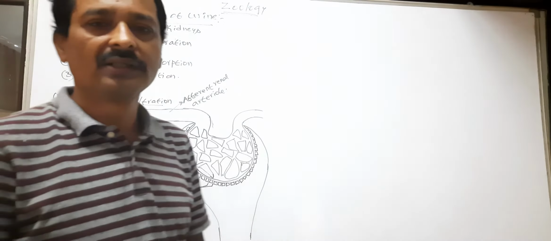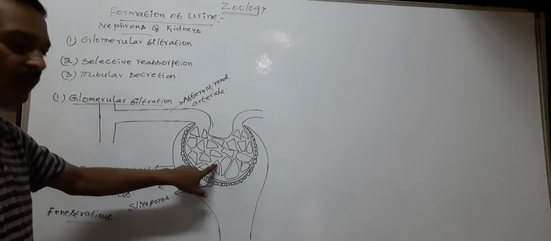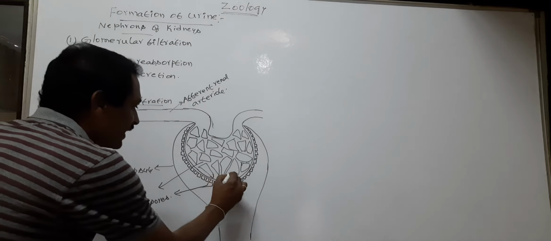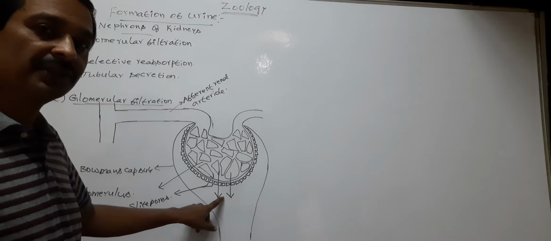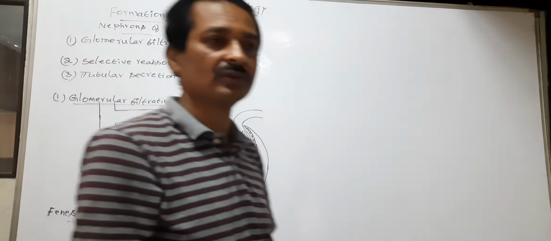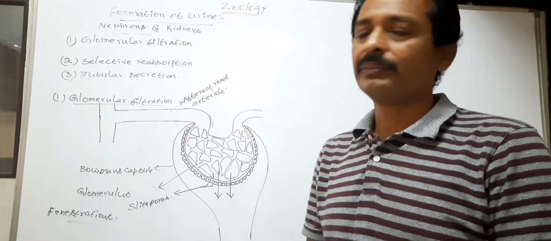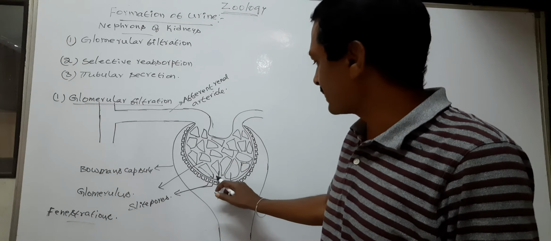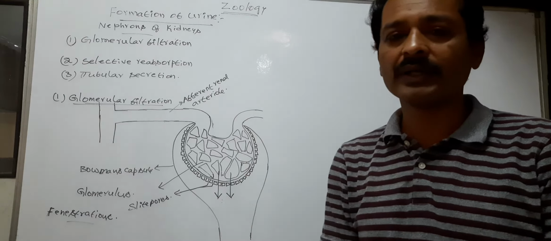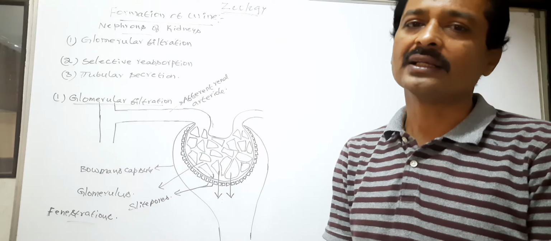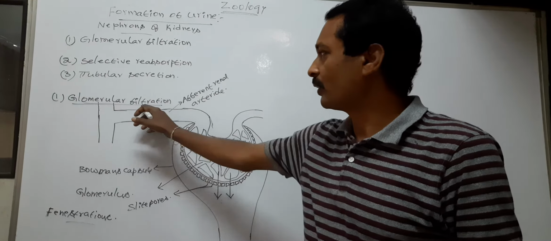The process of filtration that occurs between the glomerulus and the Bowman's capsule due to a difference in net pressure is called glomerular filtration.